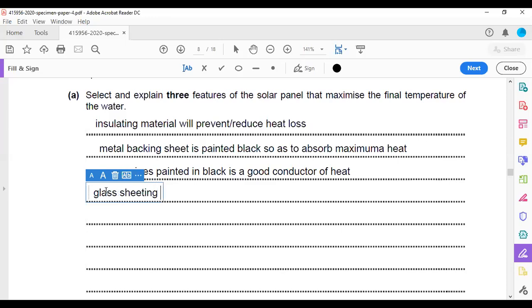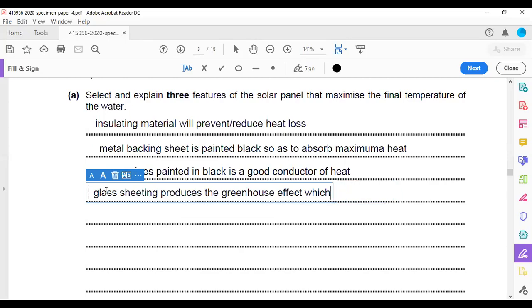The glass sheet produces the greenhouse effect.